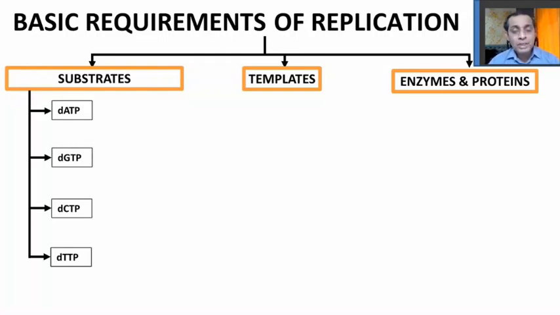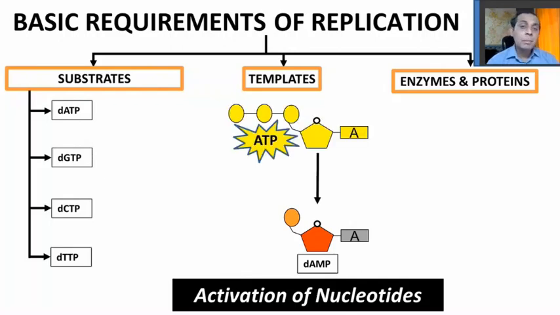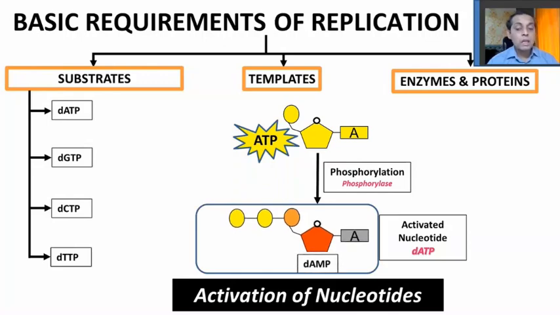The template is the original DNA which is to be replicated, and definitely the enzymes and proteins also. Now look at how the activation of nucleotides occurs. This is a mononucleotide which needs ATP for its activation, and you will note how the ATP gives two phosphate bonds to the mononucleotide, making it a triphosphate nucleotide, which is an activated nucleotide.